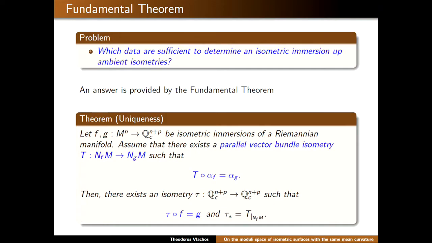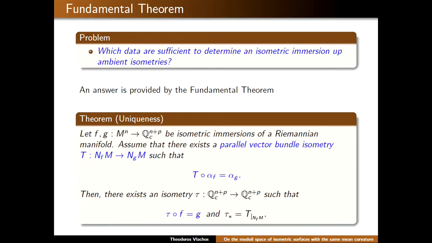Related to this basic question is, of course, this question: what are the sufficient data to determine an isometric immersion up to, of course, ambient isometries? A first answer is provided by the fundamental theorem of isometric immersions, in particular the uniqueness part.